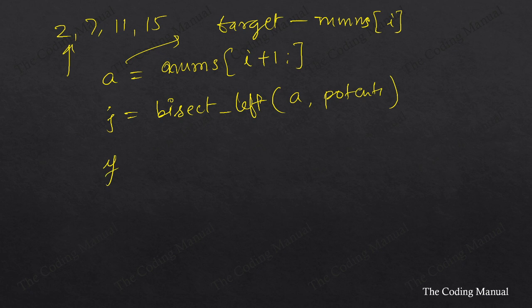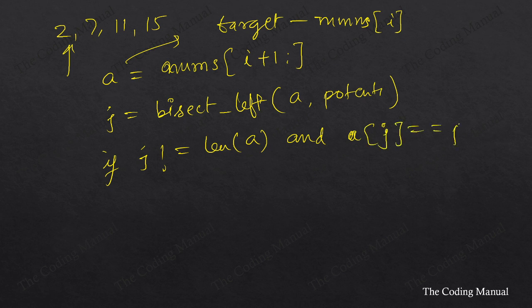So if j is not equal to the length of the array and a of j equals the potential candidate, you return true.